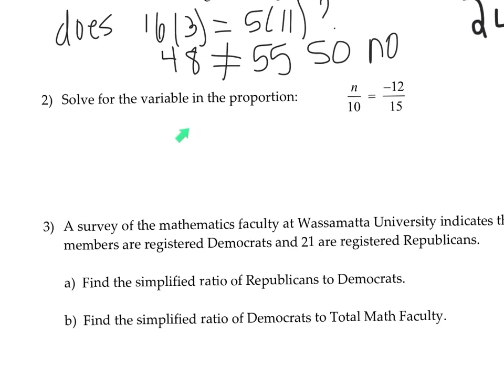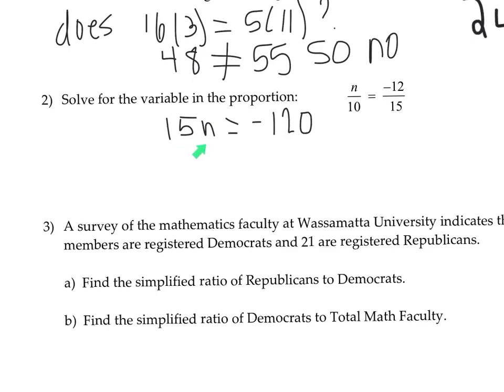Here is a very standard proportion question. Solve for the variable in this proportion. We are being told that the one fraction does indeed equal the other one. So we know that 15 times n has to equal 10 times negative 12. This is where we are able to cross multiply because of the equal sign.